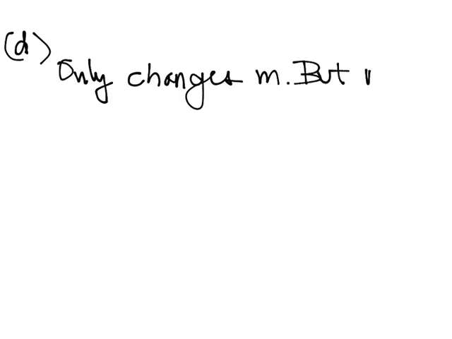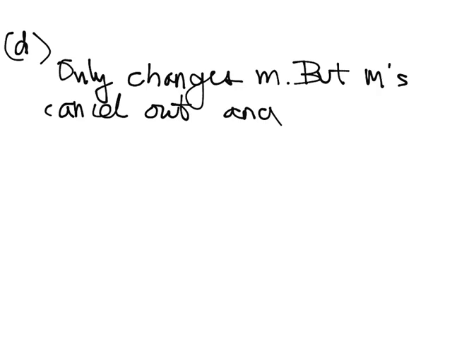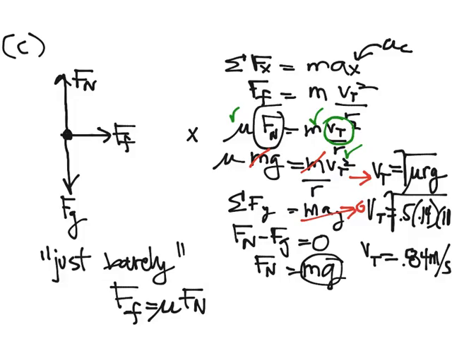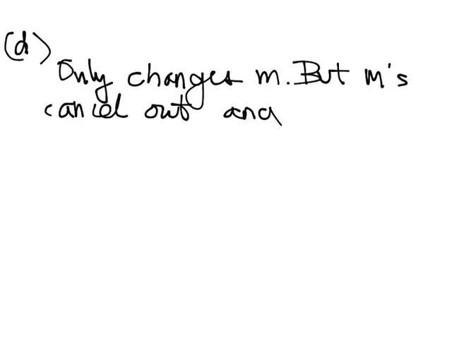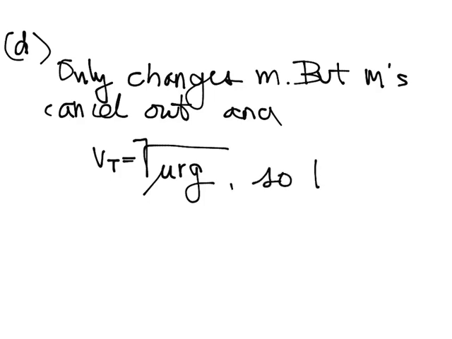But the m's cancel out, and if we look back to C, we see that vt is this thing, the square root of mu rg, so there will be no effect.